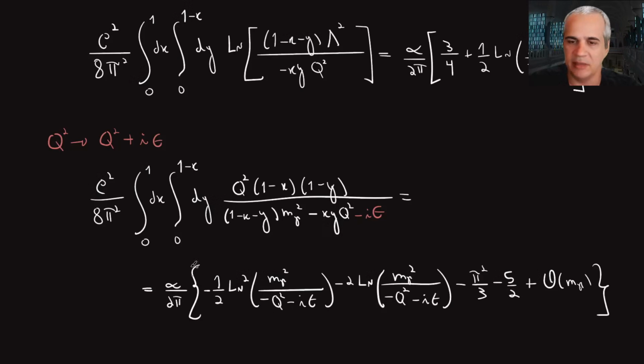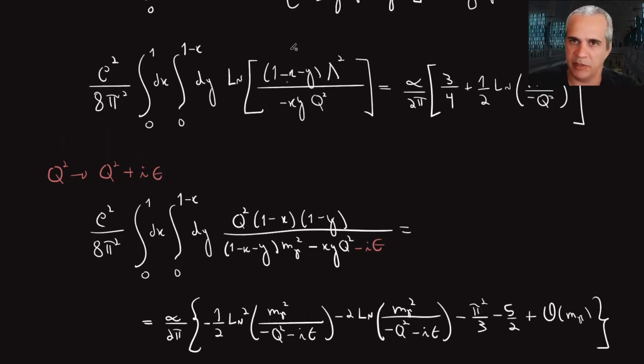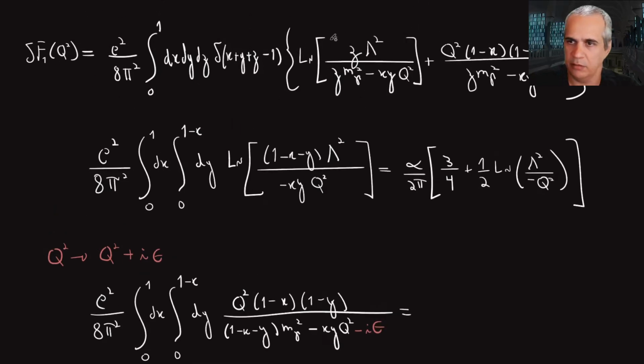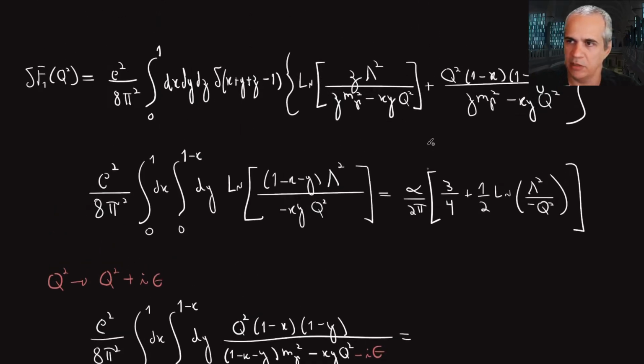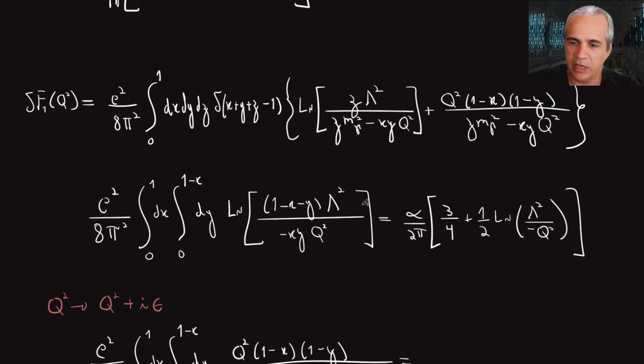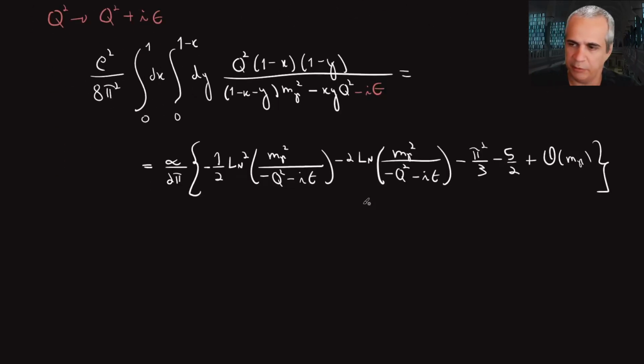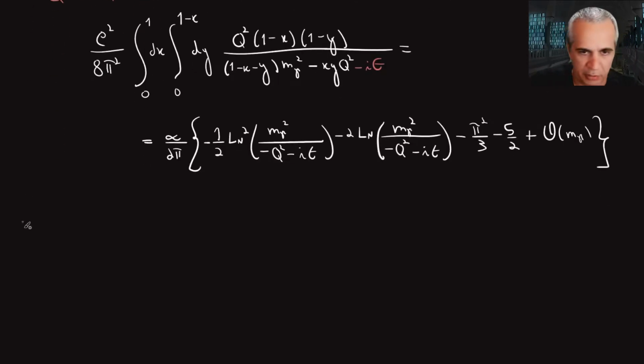And now I can sum this part. So the first part of delta F1 coming from the integral of this log with the second part and also the counter term, right? Because both contribute. So I'm interested here in delta F1 of Q square plus delta 1. And this is alpha over 4 pi 3 halves.